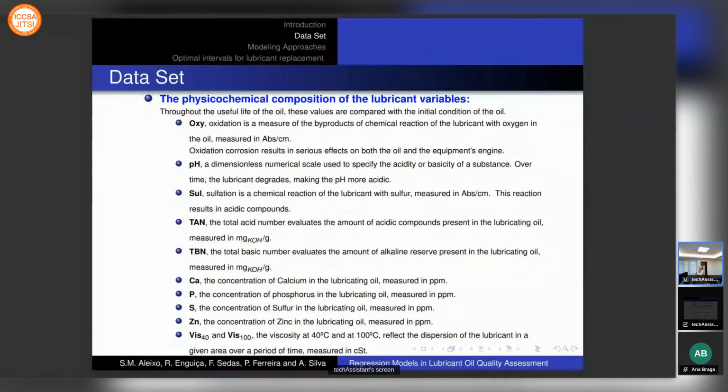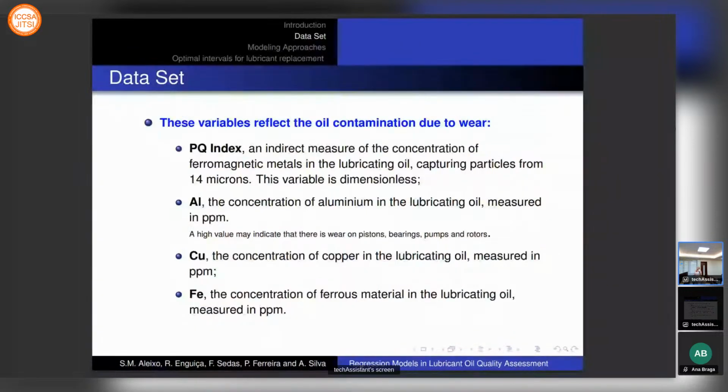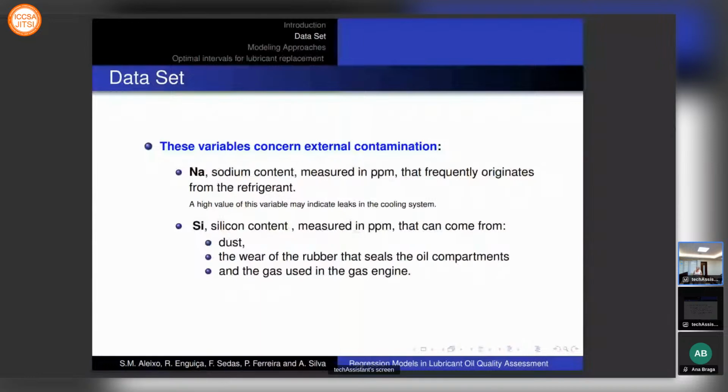In the second ones, for example, Al, the concentration of aluminium in the lubricant oil, is a variable that reflects the oil contamination due to wear. And for the last ones, the variables concerning external contamination, we can talk about, for example, Na, the sodium content, that frequently originates from the refrigerant.